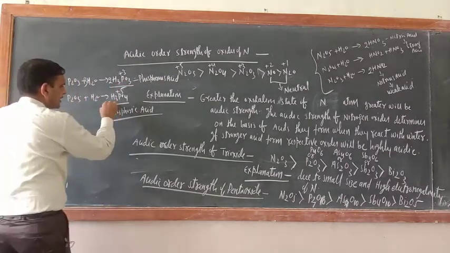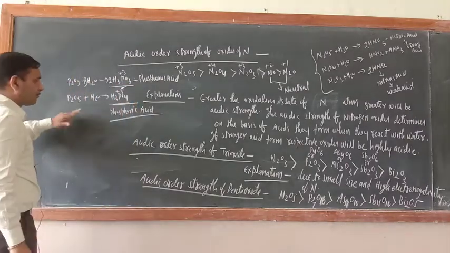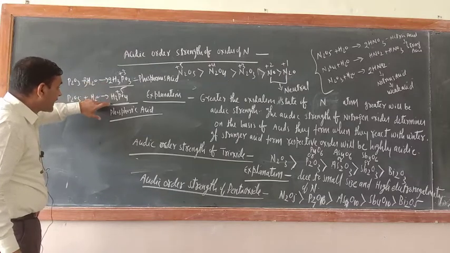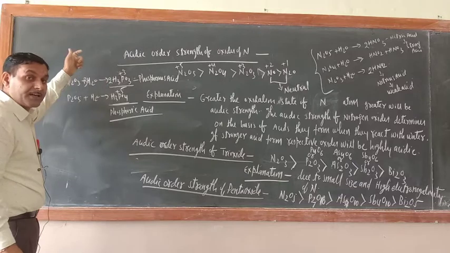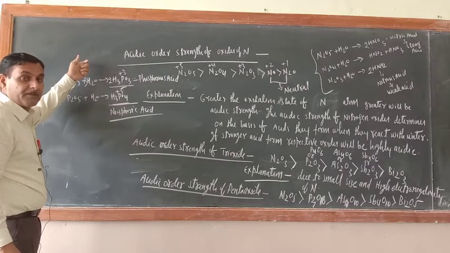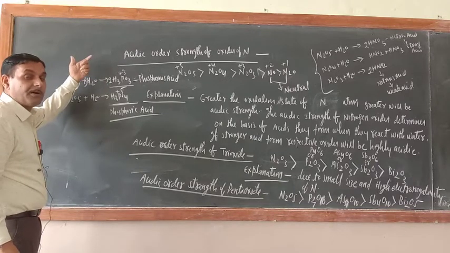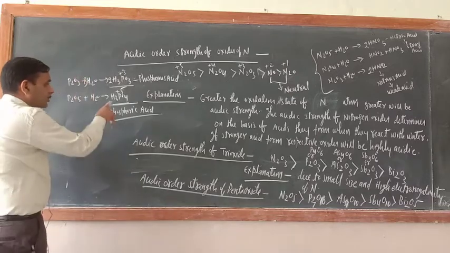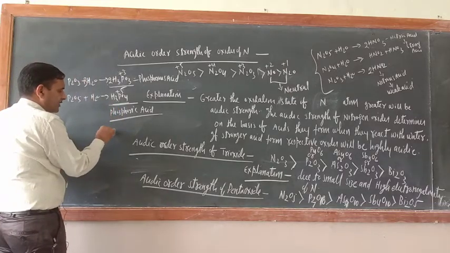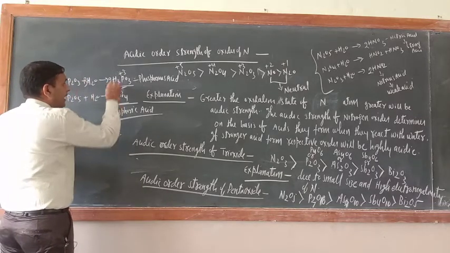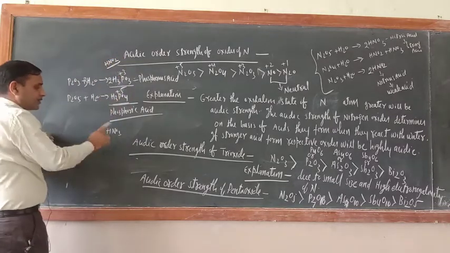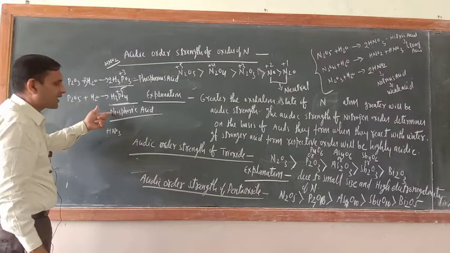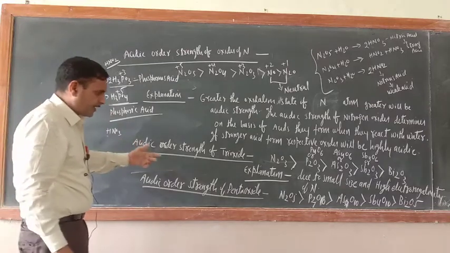Now we will compare the acidic strength of these acids with the acids formed when the nitrogen oxides react with water. So this will be compared with HNO3, and this will be compared with HNO2. Just try to understand, this is stronger than this one. So in the pentaoxides, this is the order.